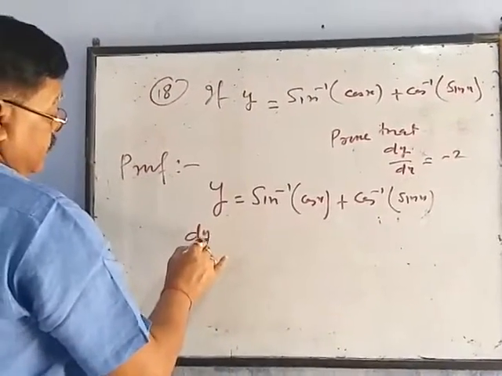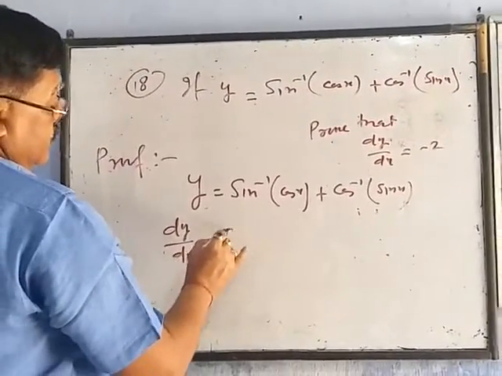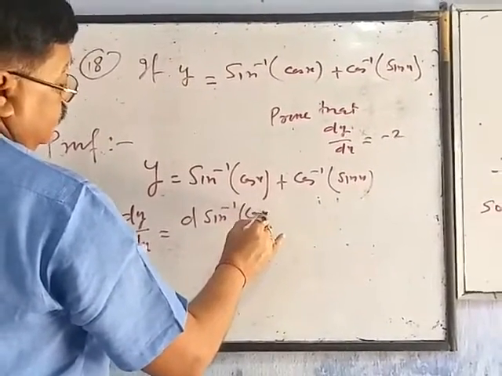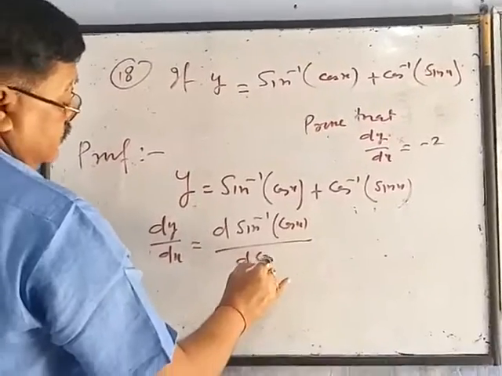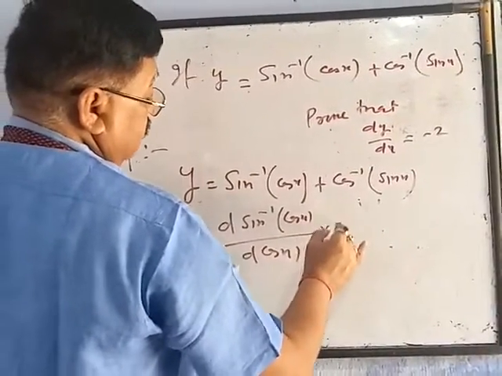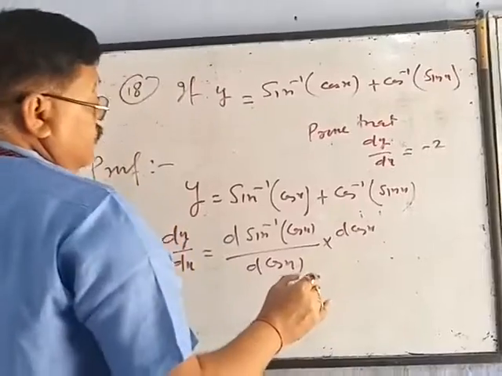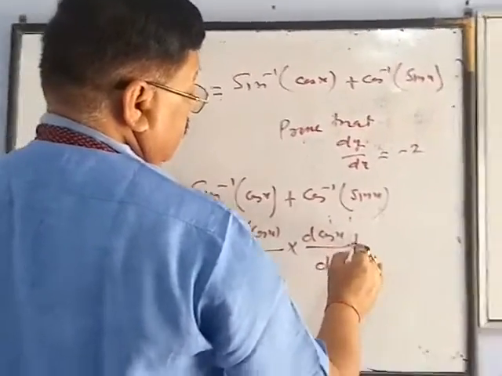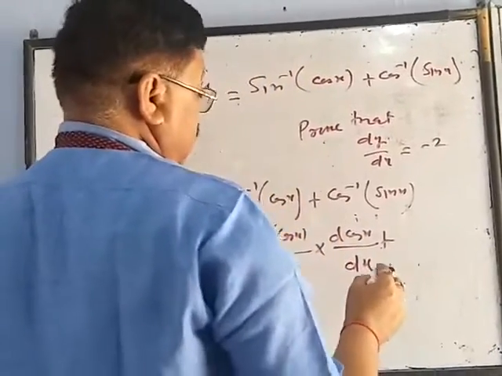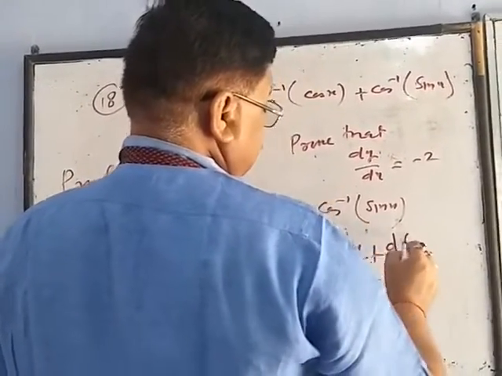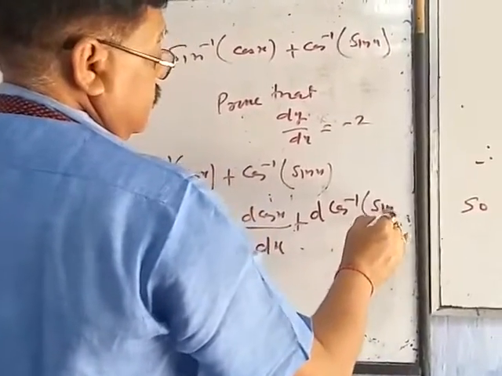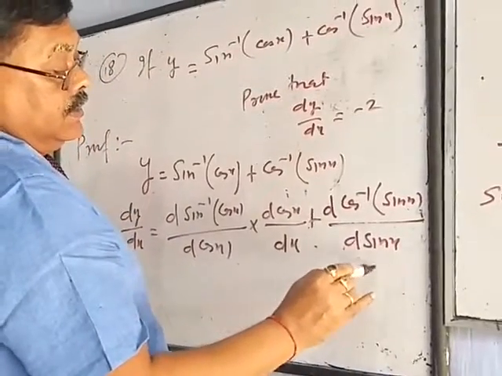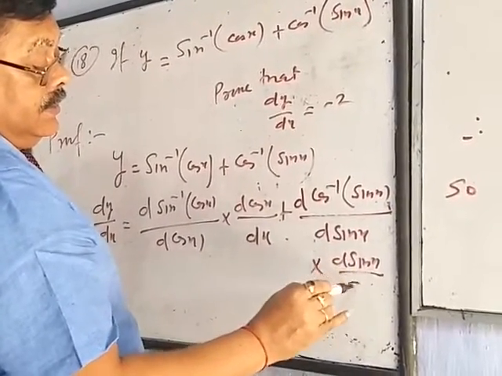So dy by dx, d sin inverse cos x with respect to cos x and d cos x by dx, and d cos inverse sin x with respect to sin x and d sin x by dx.